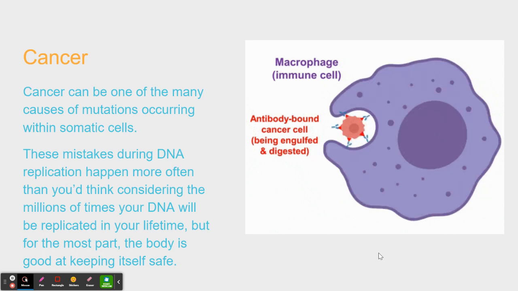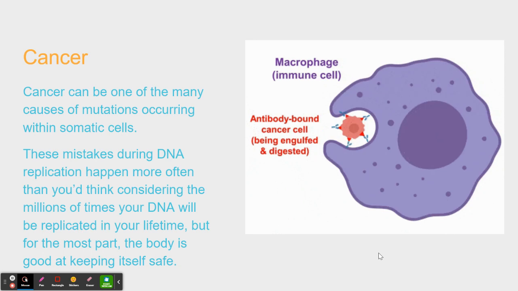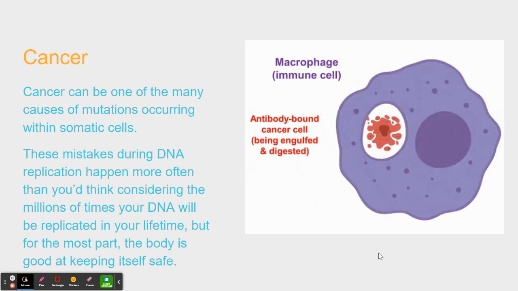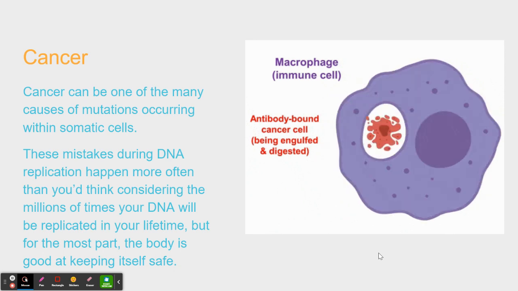We know that radiation, like UV radiation, for example, X-ray radiation, those higher intensities of wavelength from the EM spectrum can cause cancer, and also viruses. So viruses actually cannot reproduce on their own via asexual reproduction.